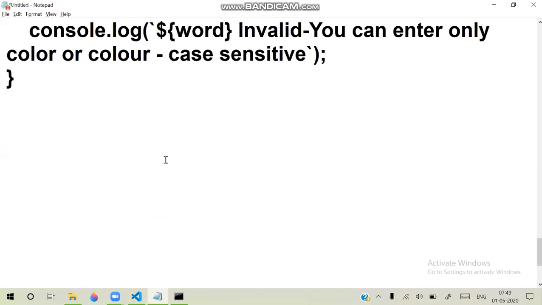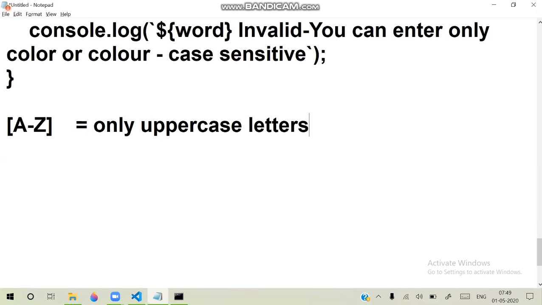But remember, this is okay for meta characters, but we need quantifiers also. Suppose I write A hyphen Z. This indicates only uppercase letters. But how many uppercase letters are allowed? Any character from A to Z, but how many? If you write it like this, it indicates only one uppercase letter allowed.